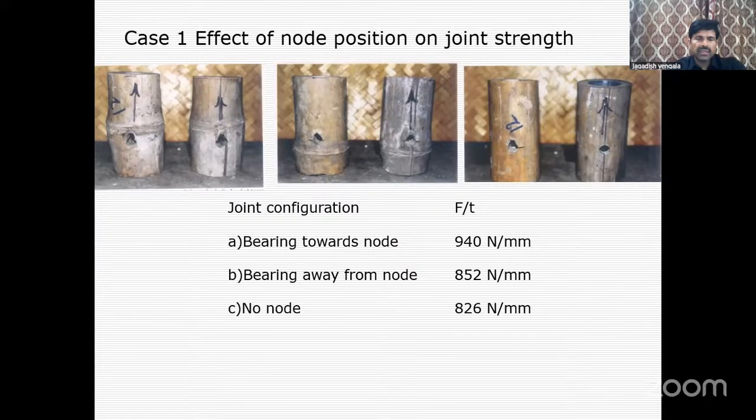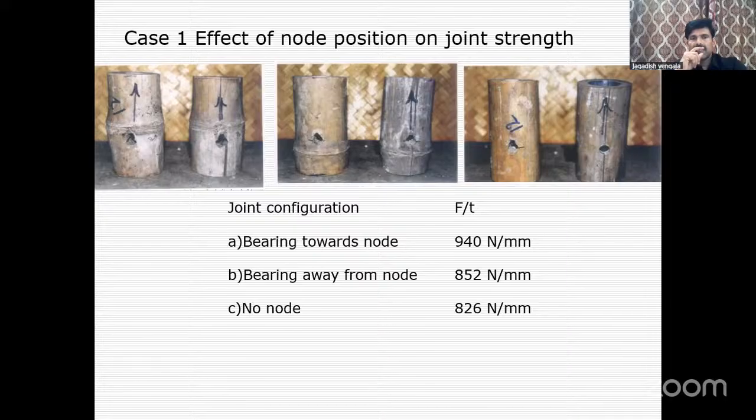That means you applied load on the top of it, and this bolt is placed below the node. It took almost 940 Newton per mm of force. So what does that mean? You have to place the bolt below the node so that it can take more.